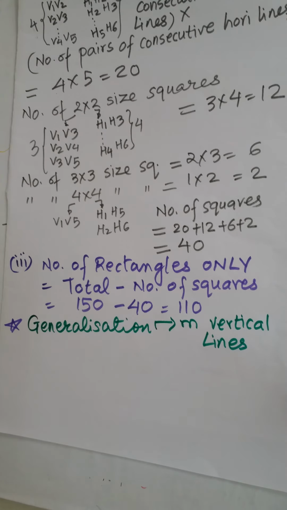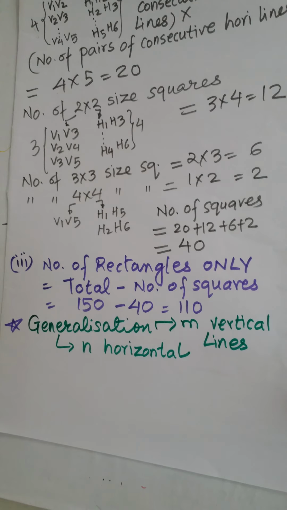Okay, let's see the generalization now. If m vertical lines are given and n horizontal lines are given, such that m and n are natural numbers and m is less than n, it is similar to what we did. We are trying to generalize that. So how many rectangles are there? Can we extend the same concept and logic to generalize that?